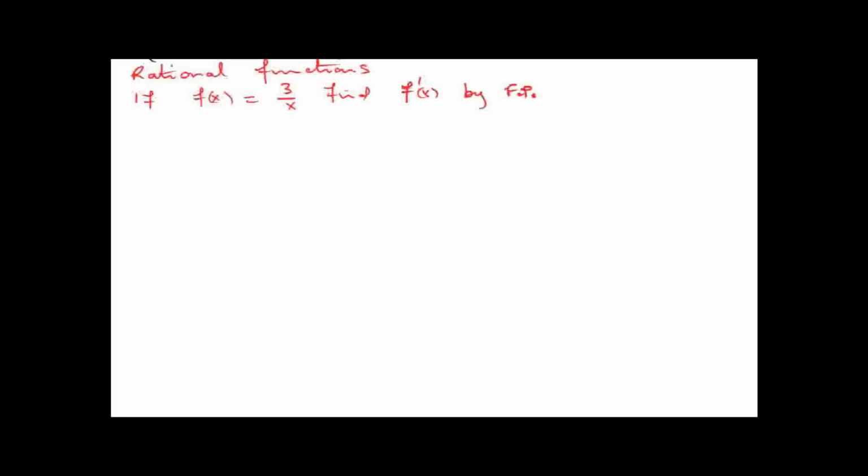We can't avoid it. So if f of x is equal to 3 over x, find f dash x by first principles. Well, f dash x is going to be the limit as h approaches 0 of f of x plus h minus f of x all divided by h.